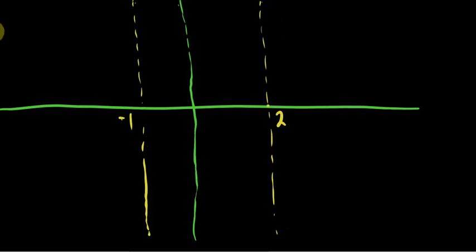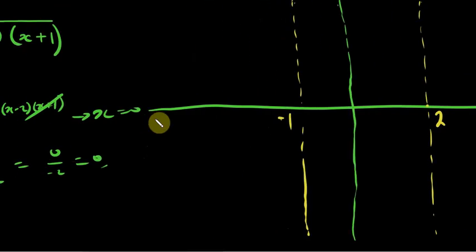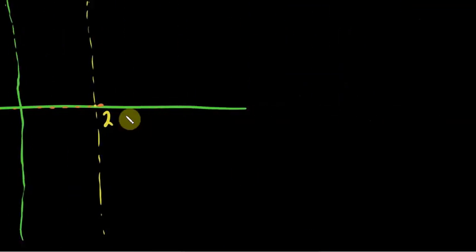We get our vertical asymptotes. The horizontal asymptote is at 0.